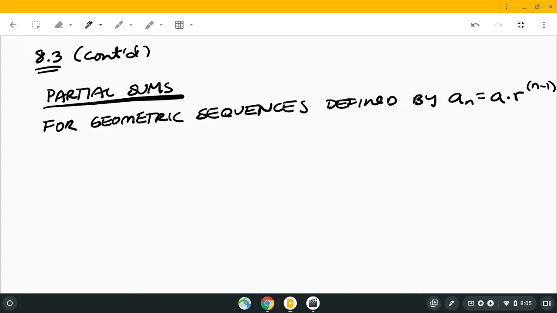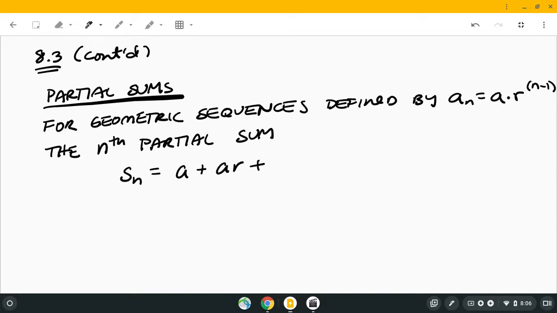The nth partial sum: remember, if they say the 10th partial sum, then that's just the sum of the first 10 terms. The 50th partial sum is the sum of the first 50 terms. The 4th partial sum is the sum of the first 4 terms. So if they're saying the nth partial sum, then they're saying to add the first n terms.